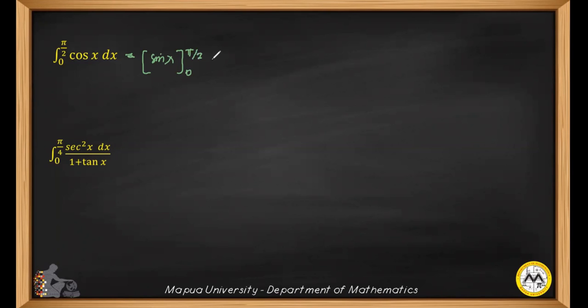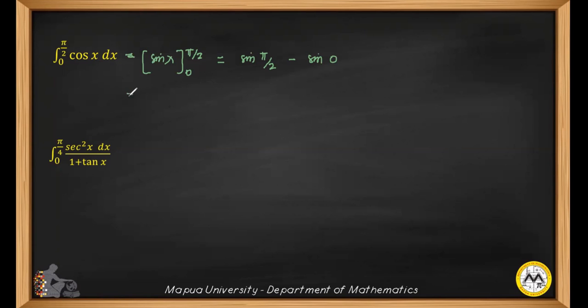And since the definite integral is the value of the indefinite integral at the upper limit minus the value of the indefinite integral at the lower limit, this gives us sine of pi over 2, the value of sine of x at the upper limit pi over 2, minus sine of 0, which is the lower limit.